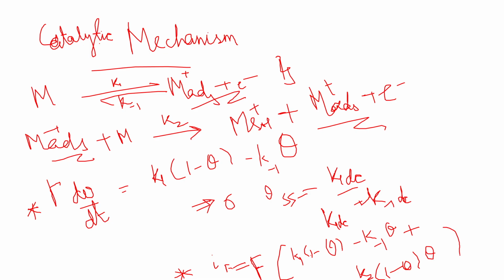Is this correct? The second one, K2 multiplied by 1 minus θ and θ both. Yes.